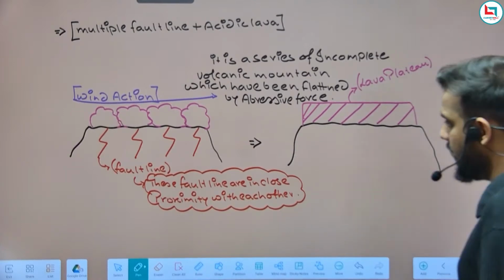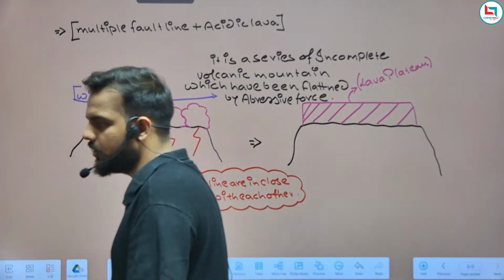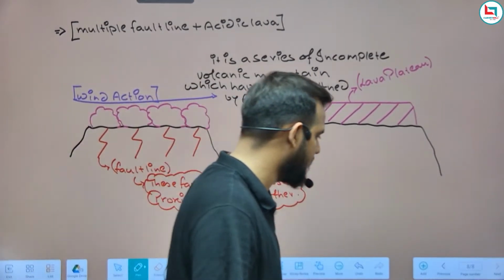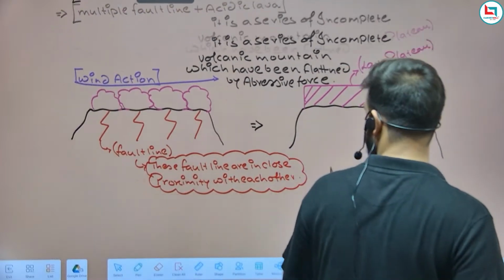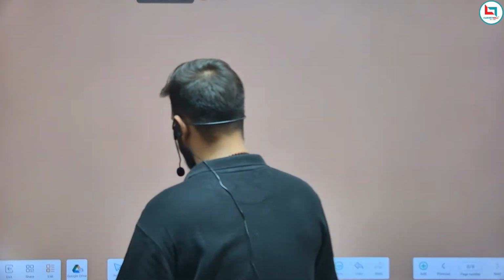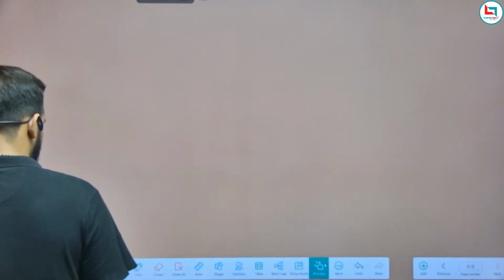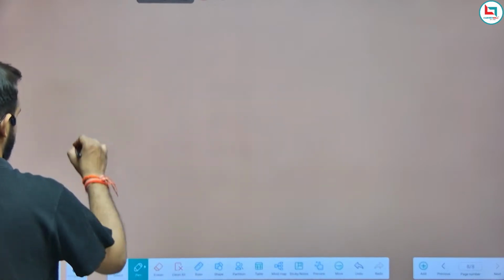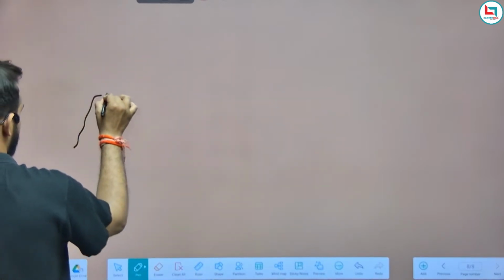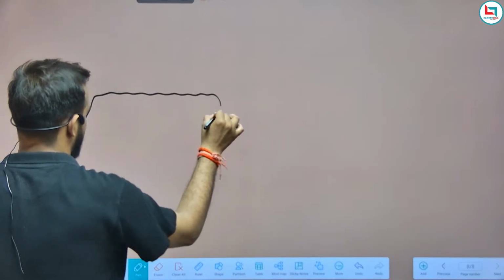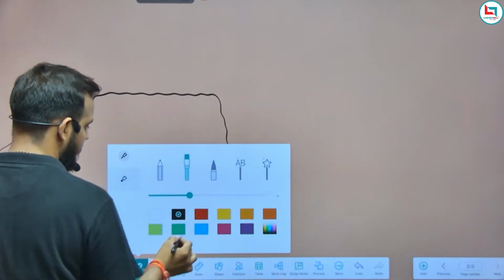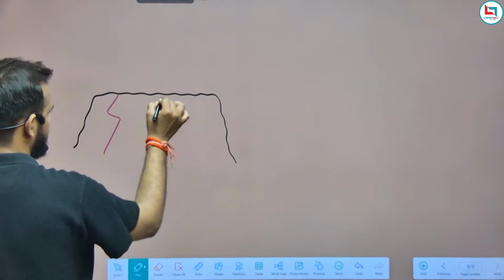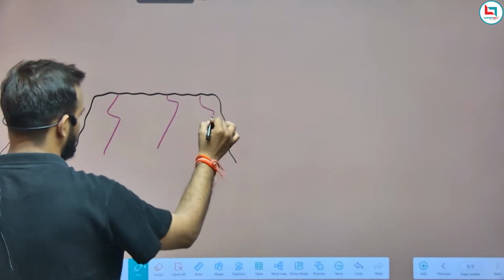Now, if these multiple fault lines are away from each other, then what would be the case? We have the multiple fault lines, but these multiple fault lines are at a distance from each other.